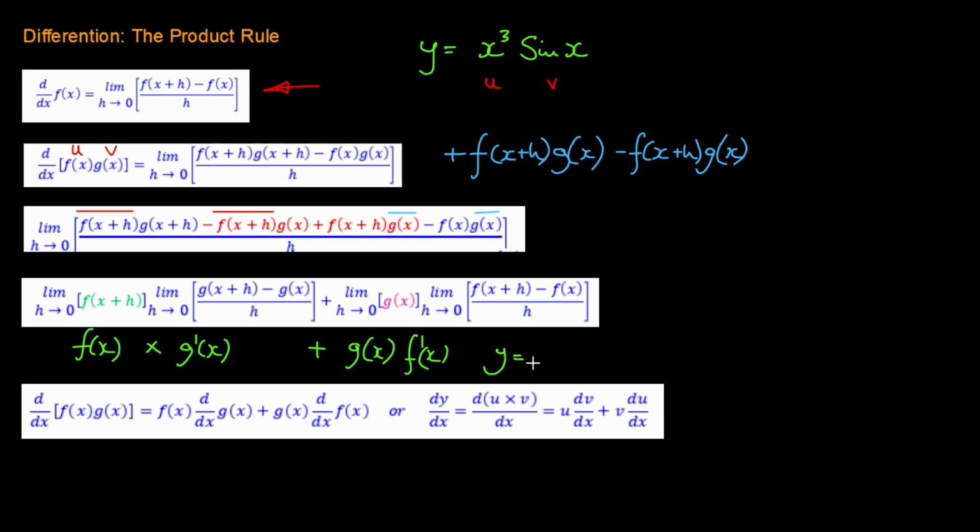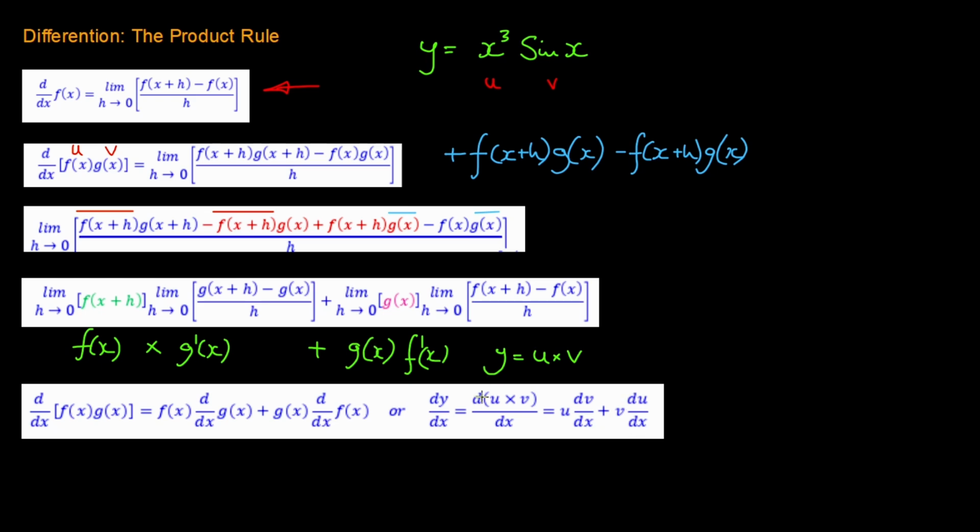If y was equal to u multiplied by v, and we wanted dy/dx, therefore we want the differential of u times v over dx, it works out to this very memorable formula: u multiplied by dv/dx plus v multiplied by du/dx.